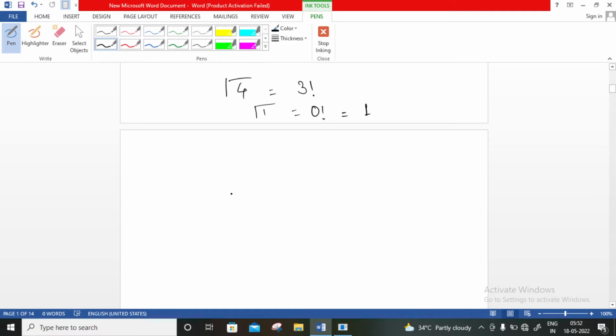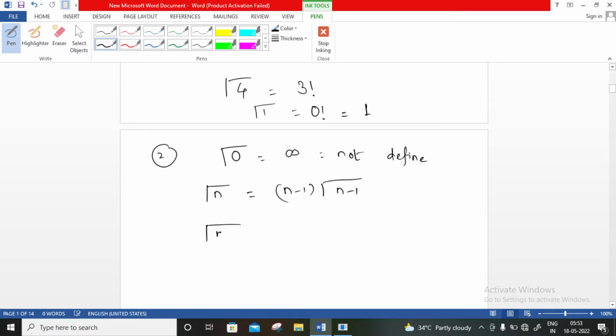Now we find the value of gamma 0. Our next property is that the value of gamma 0 is not defined, it is infinity. With the help of the first property, you write gamma n as n minus 1 into gamma n minus 1. So gamma n minus 1 is equal to gamma n divided by n minus 1.